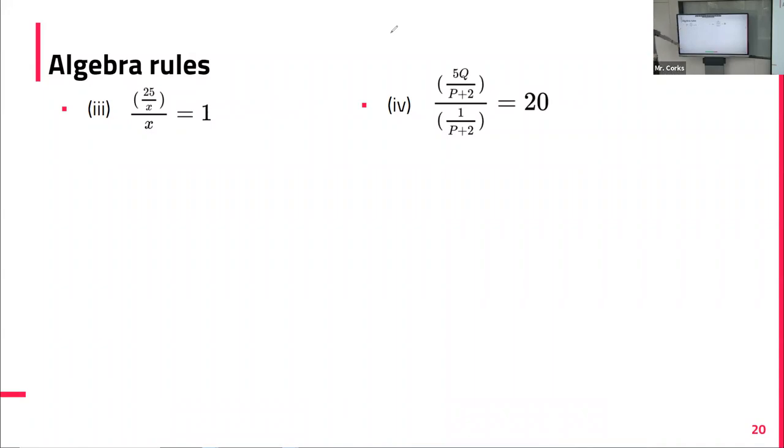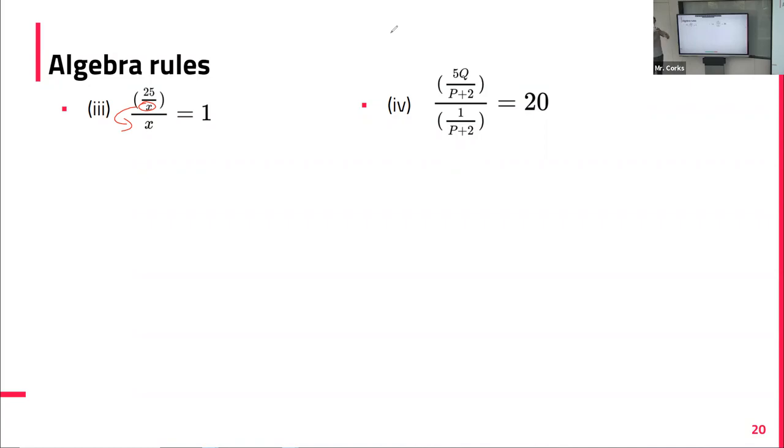Okay, so on the left here, I have 25 over x equals 1. How can I simplify it? Sure. Okay. So why does this one go to the bottom?